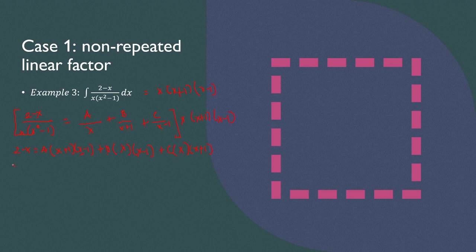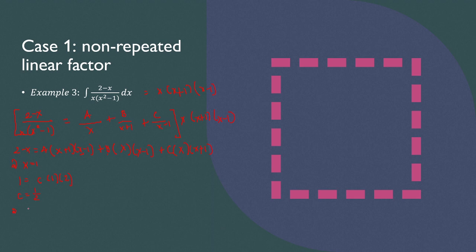Okay, so let's do that. 2 minus x, that's 2 minus 1, is equal to 1. Again, a and b are eliminated. So what's left here is c times 1 times 1 plus 1, which is 2. So that's 2c is equal to 1. Divide both sides by 2. So c is equal to 1 half.